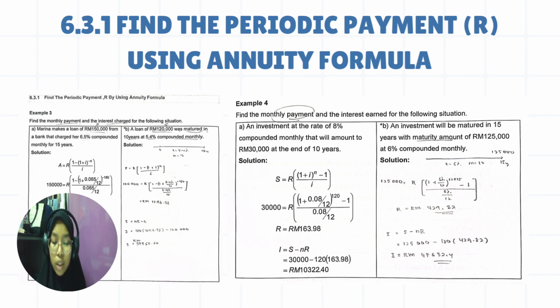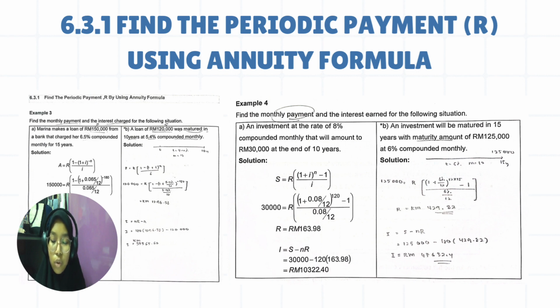How do we find the credit payment, which is R, using this annuity formula? I give two examples. For the first example, the question says Marina takes a loan of RM150,000 from a bank that charges her 6.5% compounded monthly for 50 years. From this question, they already gave us the present value, which is 150,000.